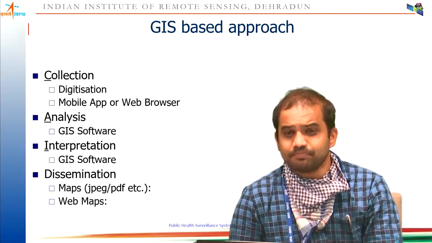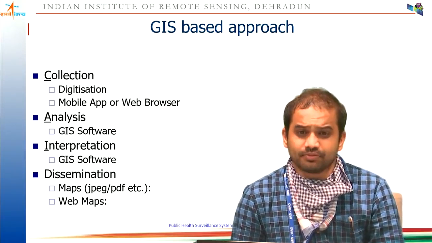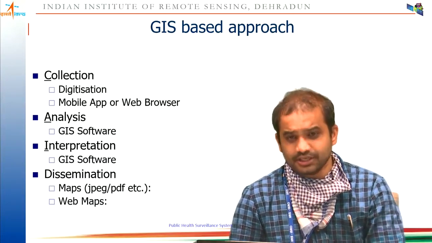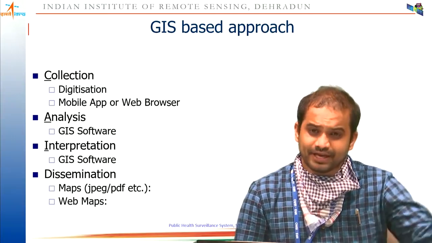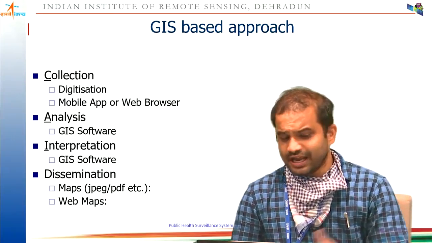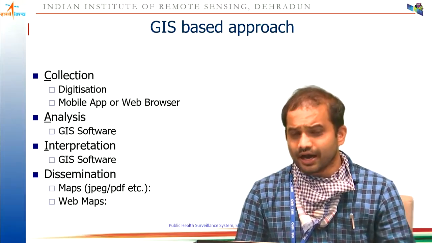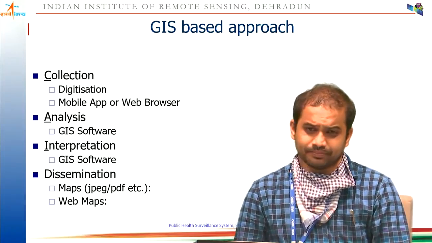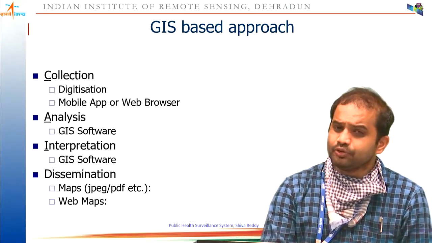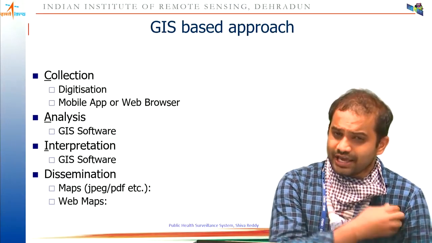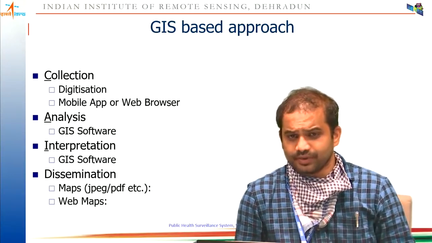Suppose an extraordinarily large number of fever cases, even simple fever, are coming from one location, then that can be an indicator of something bigger happening in the background. There can be an environmental factor or hygiene factor, or a chance of a communicable disease spreading in that area. So analyzing in GIS software will help you identify the area where the problem is and the kind of attributes which are creating the problem.